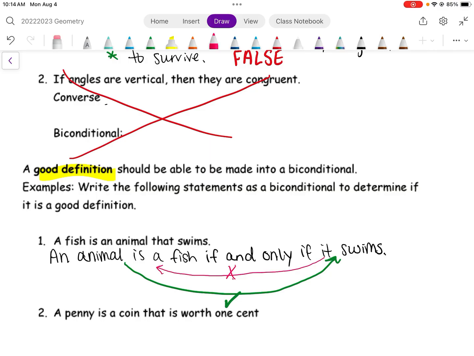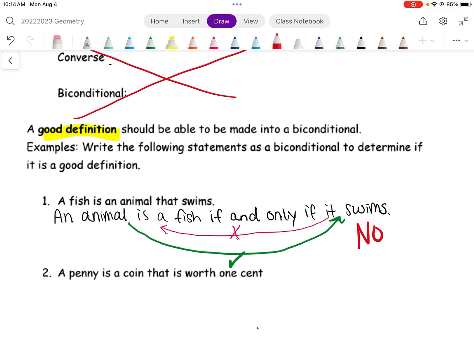Somebody's going to look at me and be like, that's not a fish, that's a person, you crazy lady. But I'm going to say, well, somebody told me a fish is an animal that swims, so anything that swims is a fish. That's not true, so this is not a good definition. Nope, bad definition.